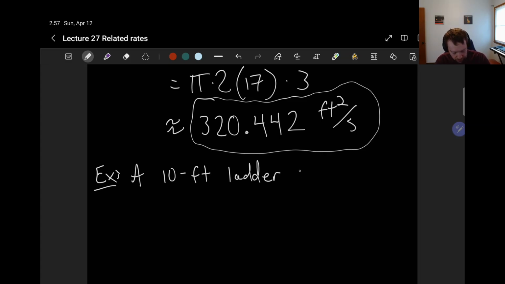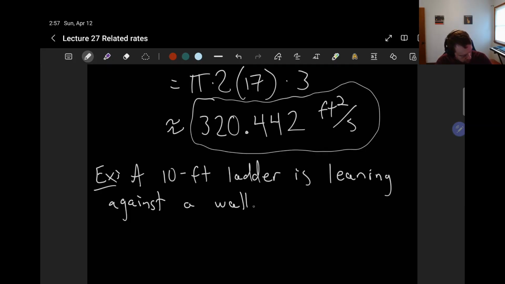Let's say we have a 10-foot ladder leaning against a wall. But in this scenario, the ladder is sliding down.